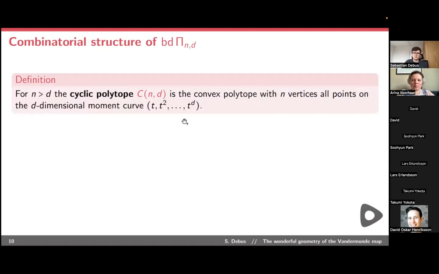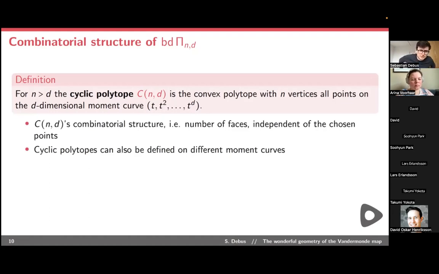Then the cyclic polytope with n vertices in dimension d is the convex polytope whose vertices are chosen as points on the d-dimensional moment curve. So here we have the moment curve, and you take real numbers t1 less than t2, up to tn, and then you take the convex hull of the images of all of those ti's.